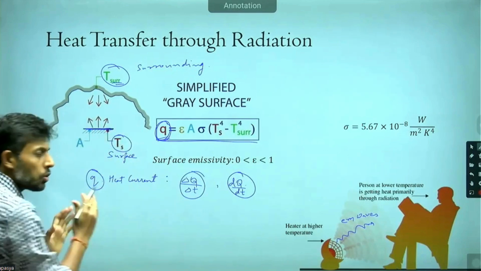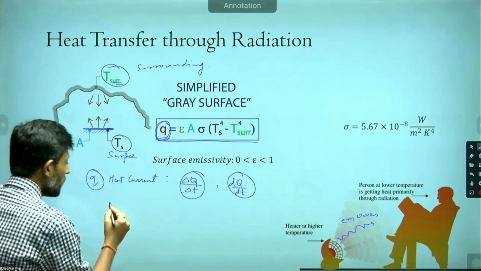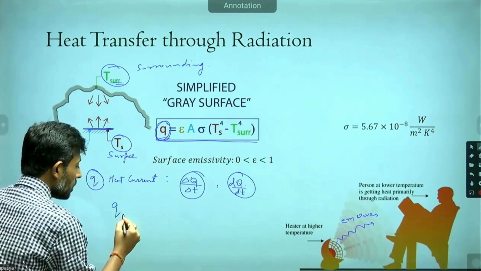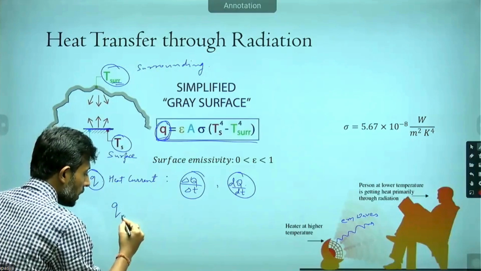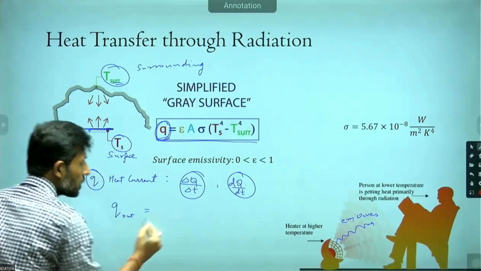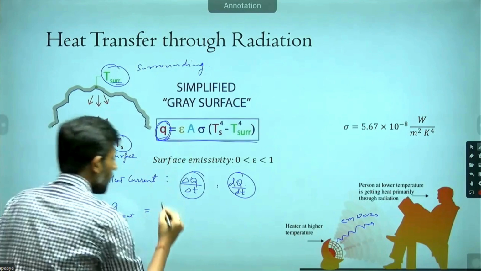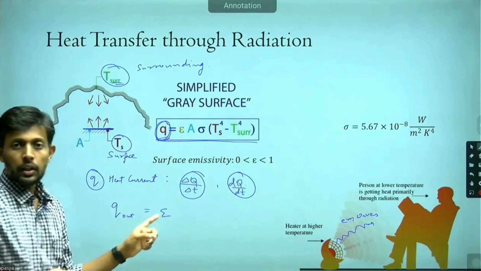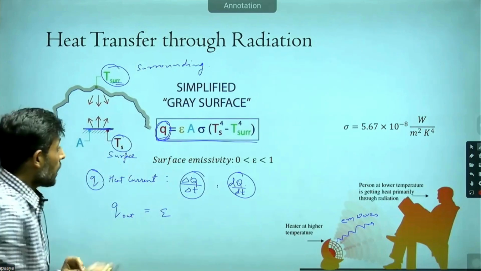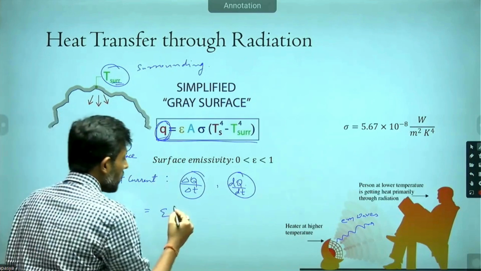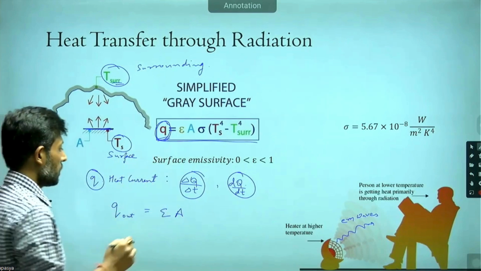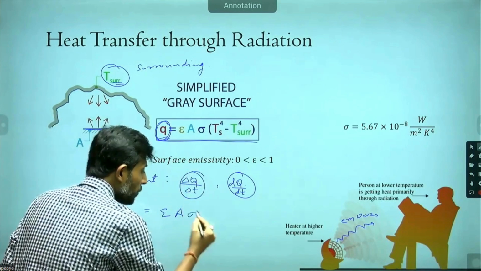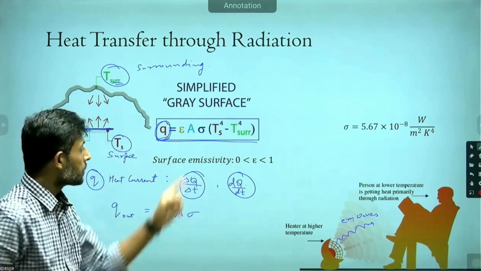So if you want to write it in parts, what is the heat current flowing out of the surface? So heat current out of the surface is given by emissivity of the surface, we'll talk about what emissivity is, into the surface area of the given surface, into the Stefan-Boltzmann constant.